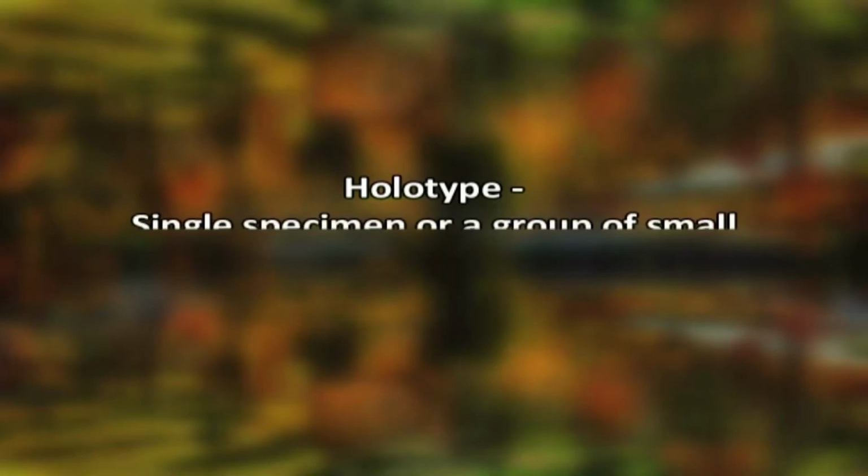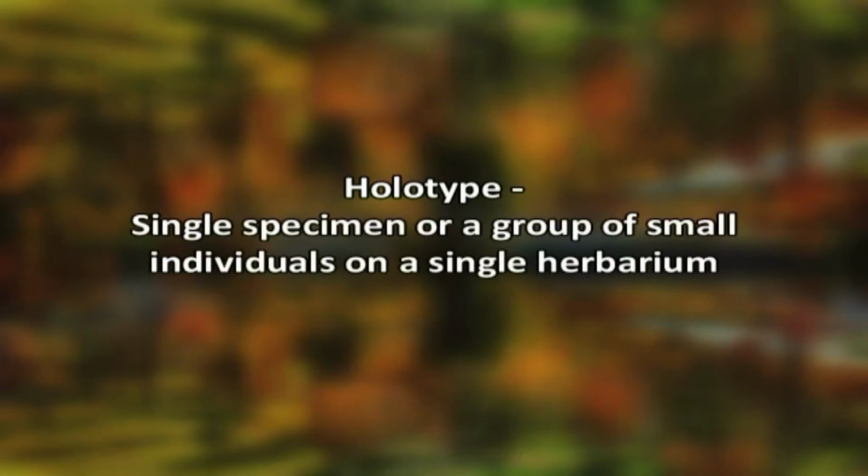Holotype. A holotype is the single physical example, single specimen or a group of small individuals on a single herbarium sheet, or illustration etc., of an organism upon which a name is based, originally used or designated at the time of publication of the name of the taxon.